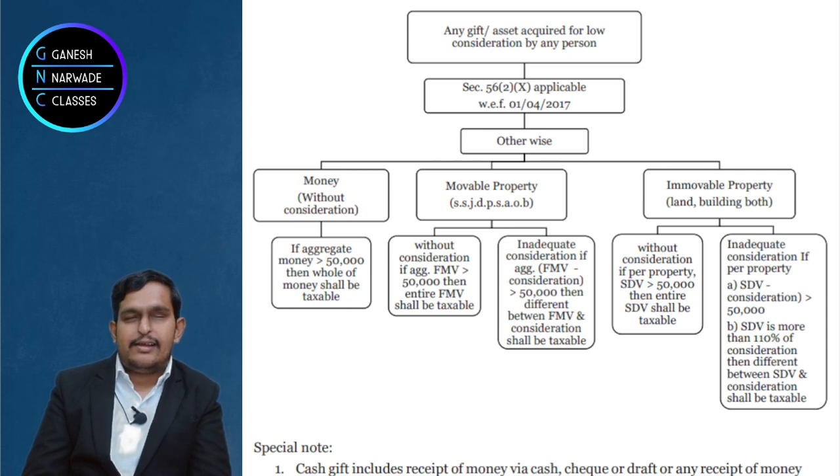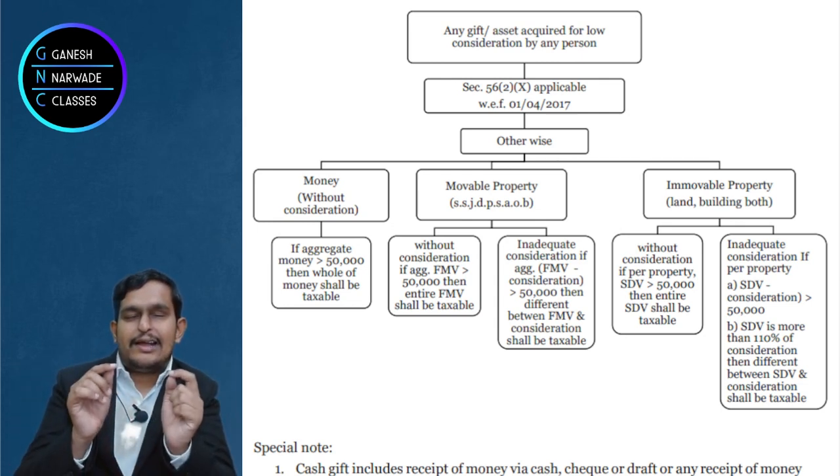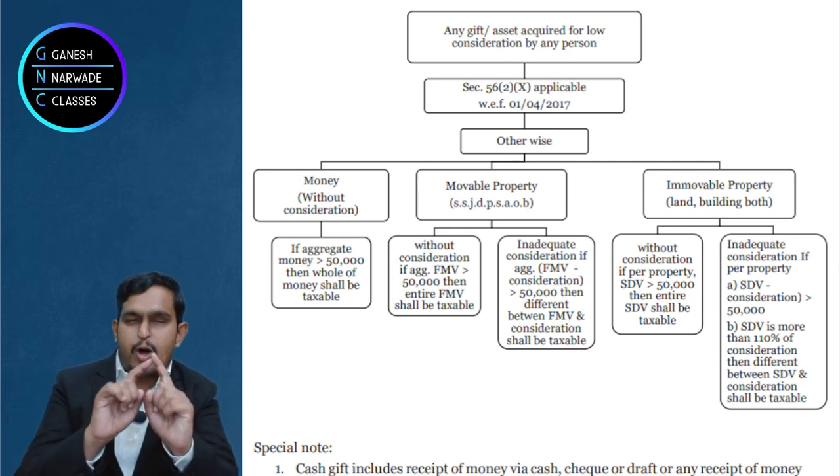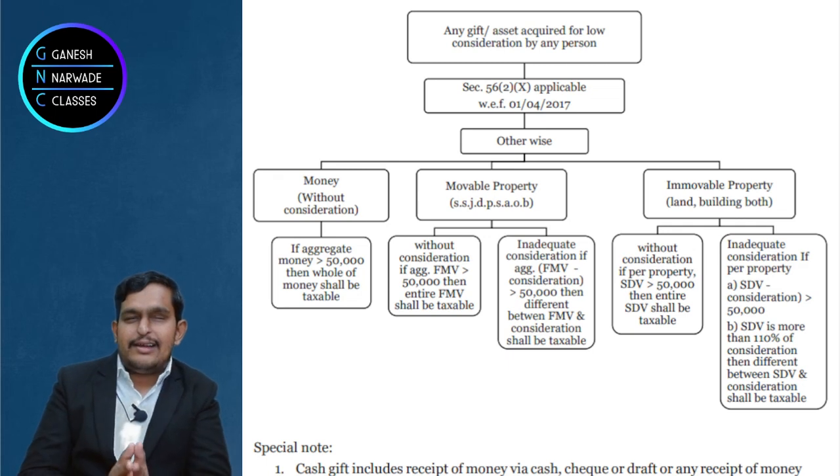Now, when we talk about movable property, it is not just from your one friend or two friends. We will check all the movable gifts throughout the year aggregated. If more than 50,000, then the entire amount is taxable. If throughout the year from all the people aggregated it is less than 50,000, no problem, not taxable at all.